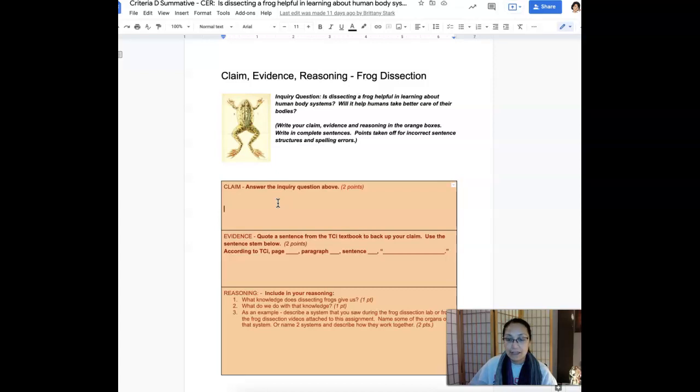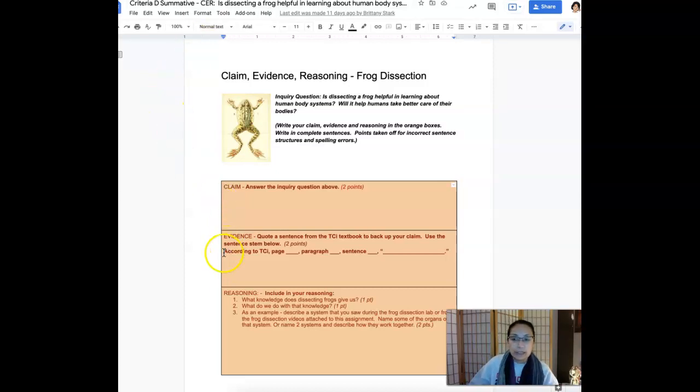For evidence, you need to look for a statement, a sentence from the TCI textbook to back up your claim. So if your claim is that frog dissection is helpful for us humans to learn more about our bodies, then you will need to look for a statement or a sentence in TCI that agrees with you that dissecting animals is helpful for us.